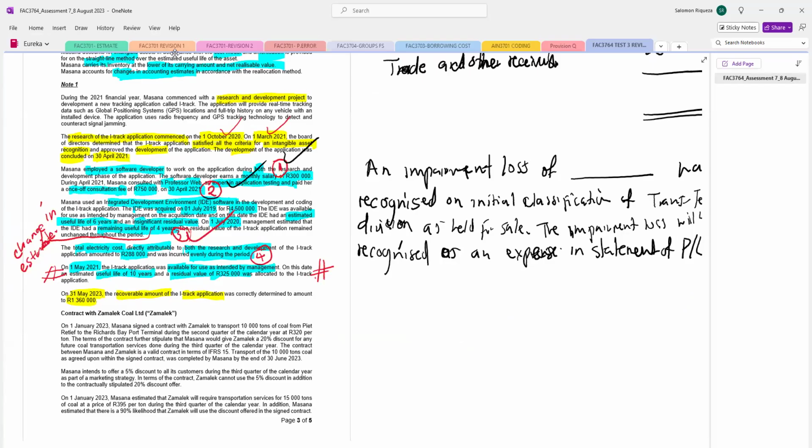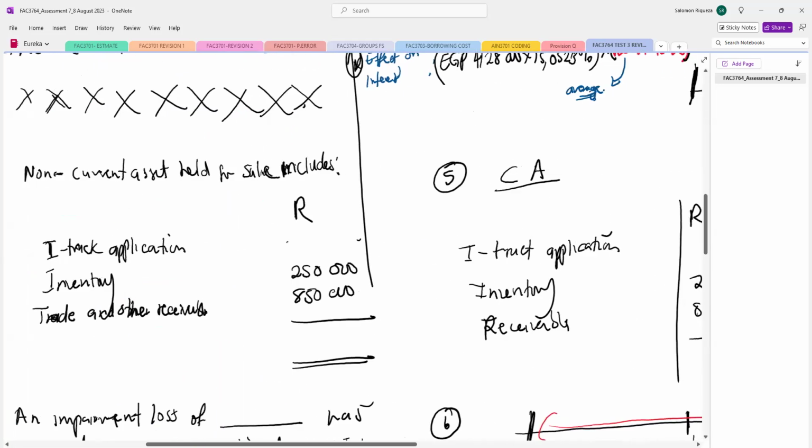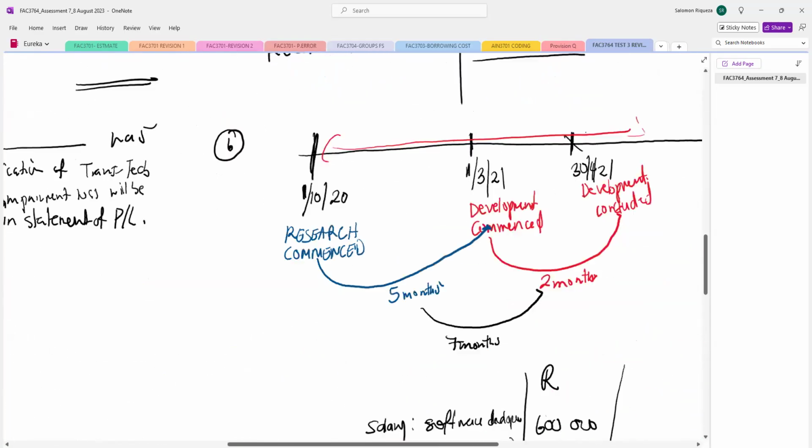Then we are looking at expense number 4, which is the electricity that is directly attributable. If this was a fixed cost, you would just ignore it. But they said the electricity is directly attributable, so it has to be capitalized. The electricity is 288,000 for the period of both research and development, which took in total 7 months.